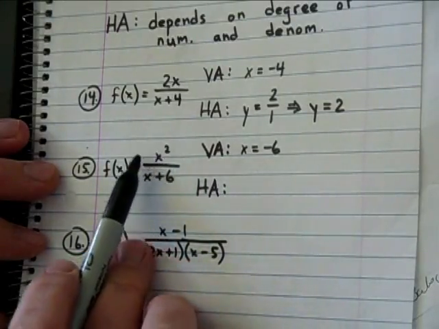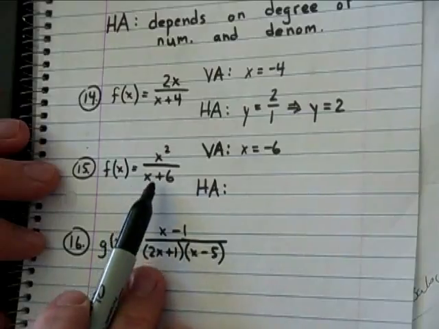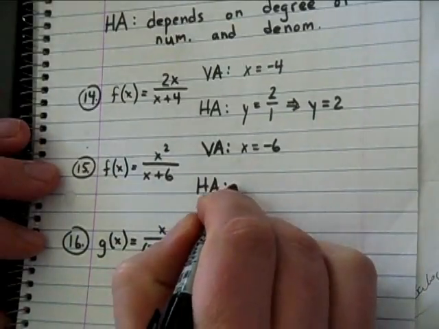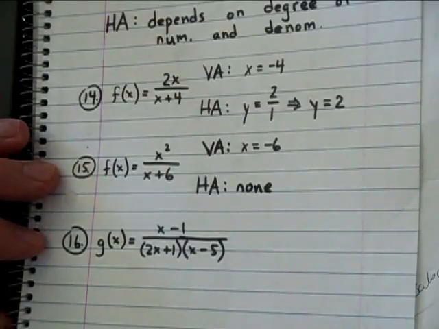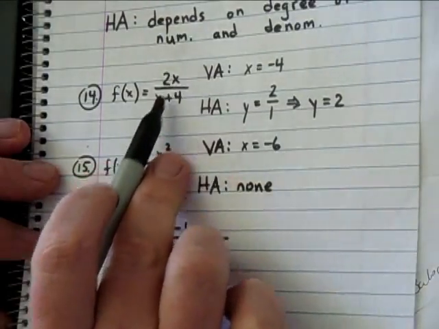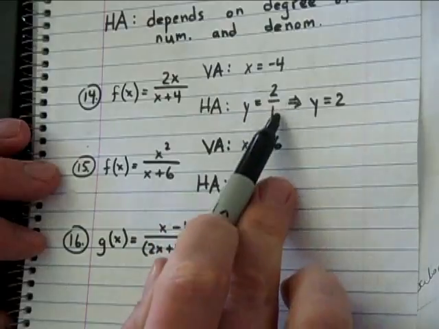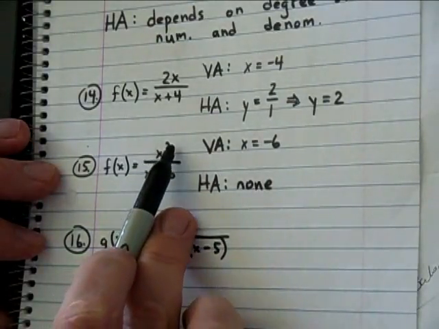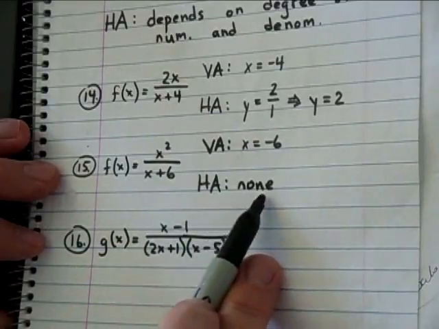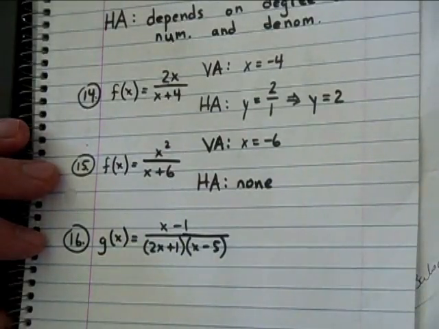Since the degree of the numerator is larger than the degree of the denominator, there actually is no horizontal asymptote. So if the degrees are the same, then you take the ratio of the leading coefficients. If the degree of the top is larger than the degree of the bottom, there is no horizontal asymptote.